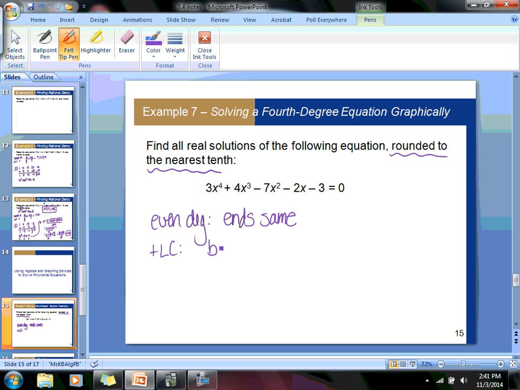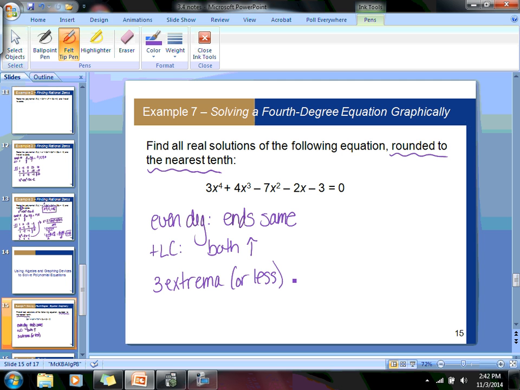So that means that both of the ends of the graph are going to be going up. Okay, so my degree is a 4. So 4 minus 1 is 3, so that means I'm going to have 3 extrema. Okay, I could have less than that, but I won't have more than that.